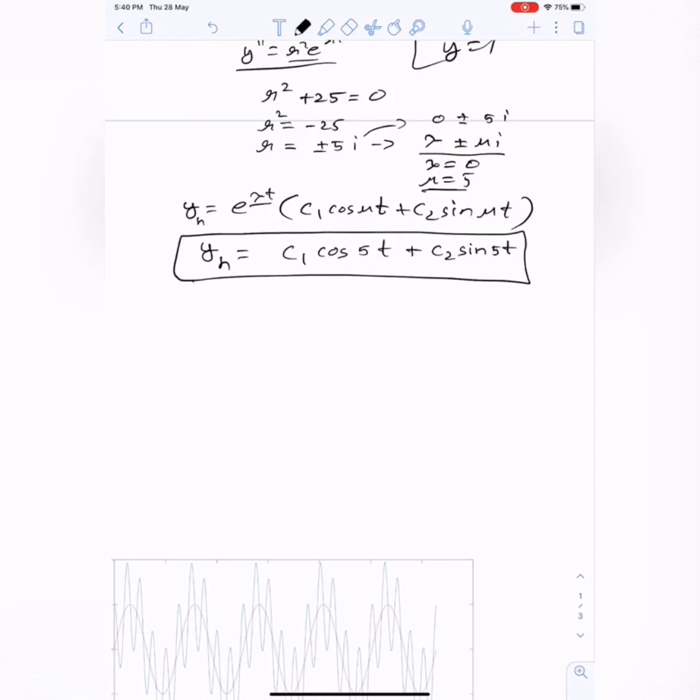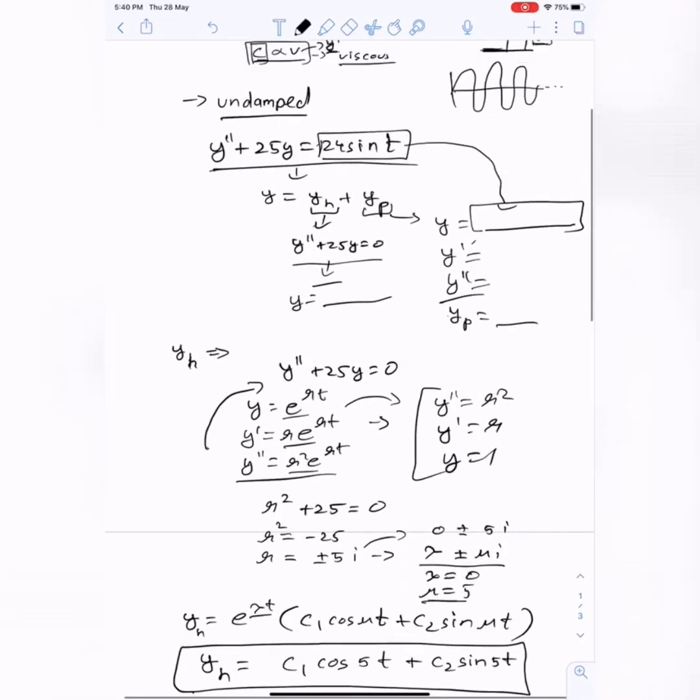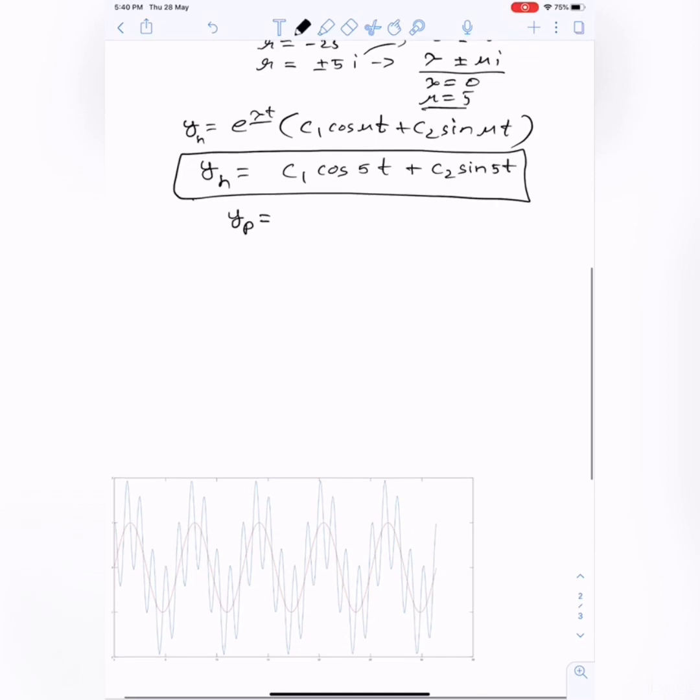Now let's try to find our y particular part. We know the right hand side of the equation is 24 sine t. So let's assume our y particular to be of the form a sine t plus b cos t.